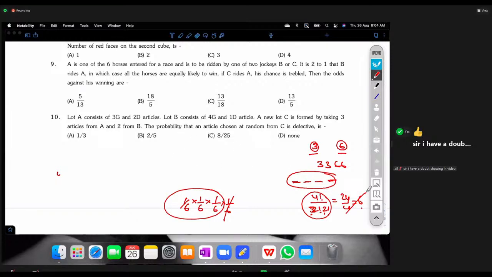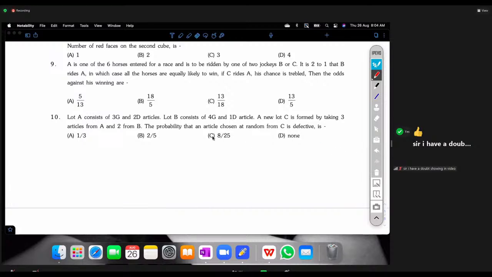You didn't understand the 9th question, somebody. So what is the 9th question they are talking about? A horse A is there, and there are 2 jockeys, B and C. B may ride with probability 2 out of 3 times, and C 1 out of 3 times.